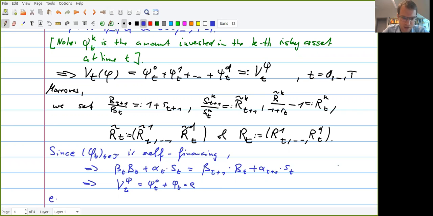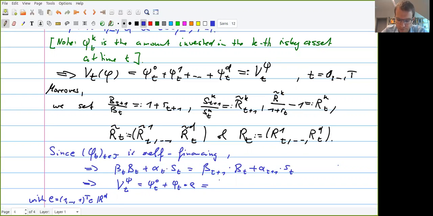E is just a vector consisting of only ones in R^d, right? Now I want to use the self-financing.